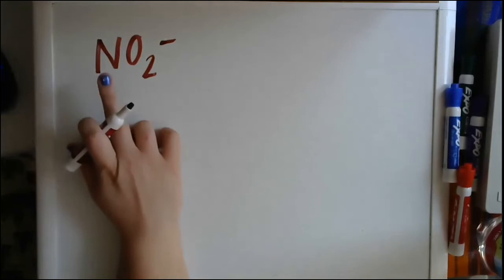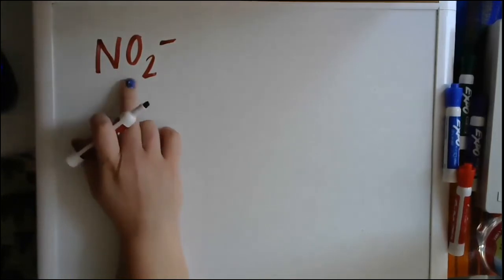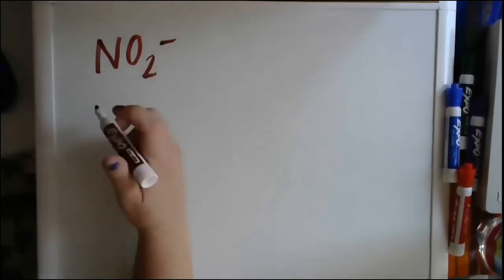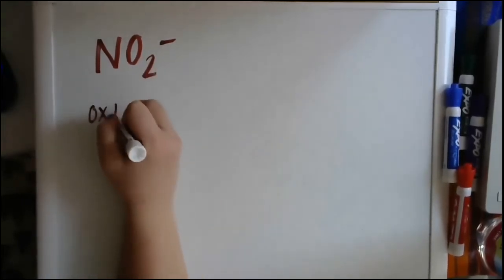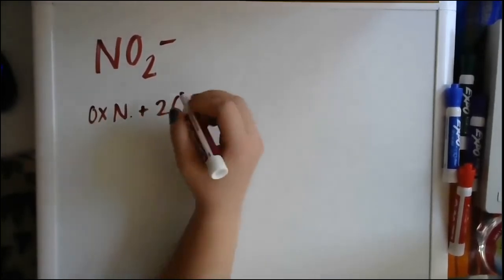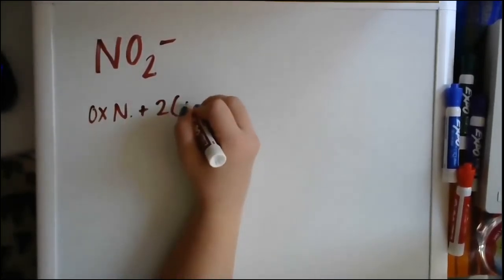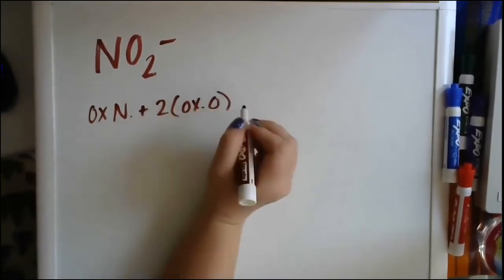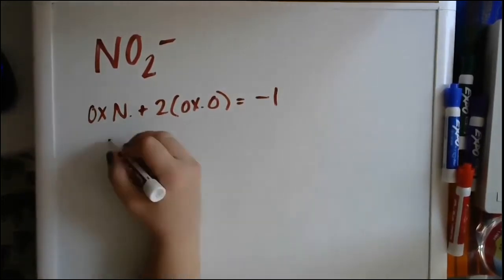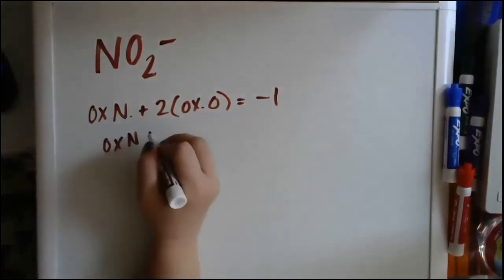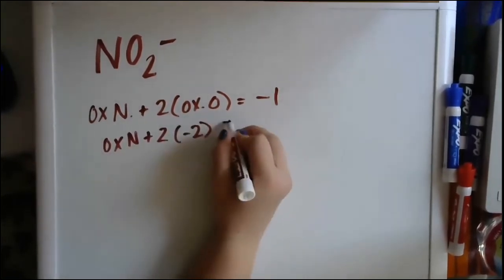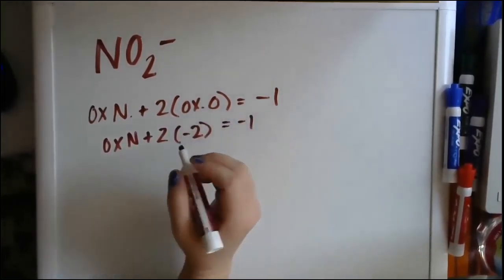We know that when we add up the oxidation state of the nitrogen and the 2 oxygens, we're going to get a value of -1. So the oxidation state for nitrogen plus 2 times the oxidation state of oxygen is going to equal -1. The oxidation state of nitrogen plus 2 times -2 equals -1.